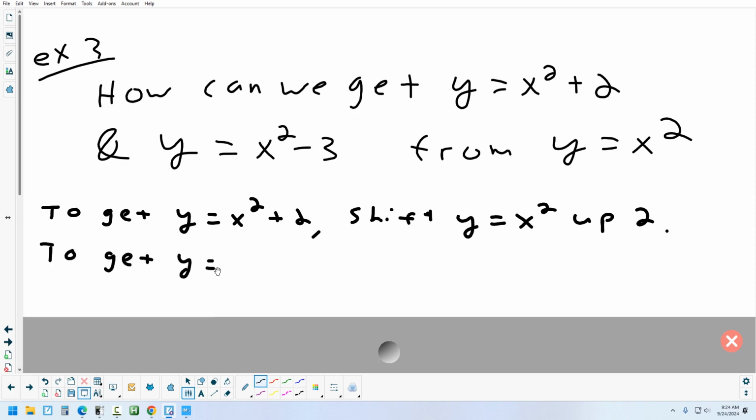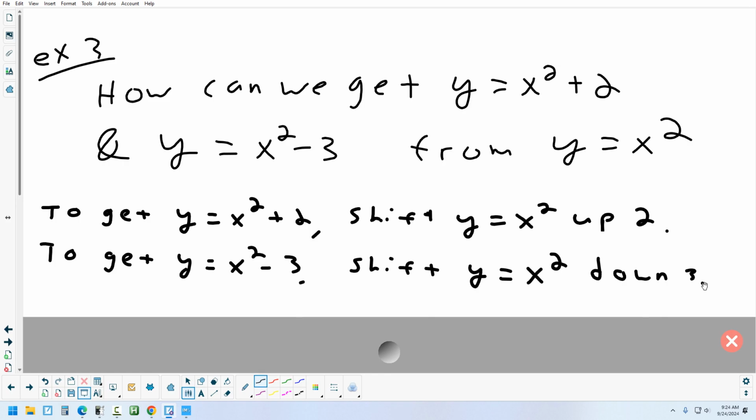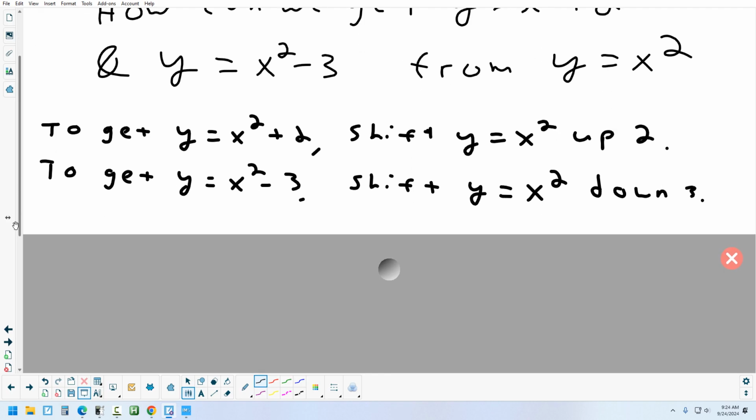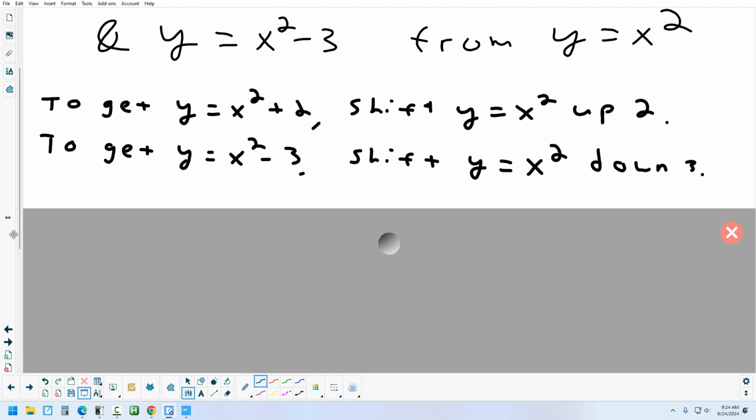To get y equals x squared minus 3, what did we say is going to happen to the original one? The minus 3 is going to move it down 3. Okay, so both of these are called translations. That's what's happening here.